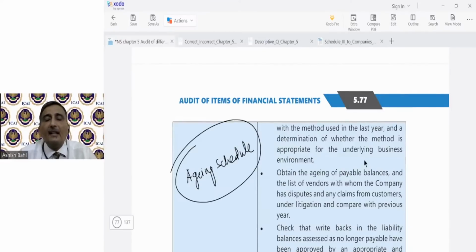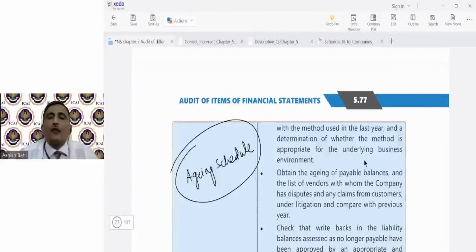Aging schedule, that you would obtain an aging schedule which shows the age of different trade creditors during the year.